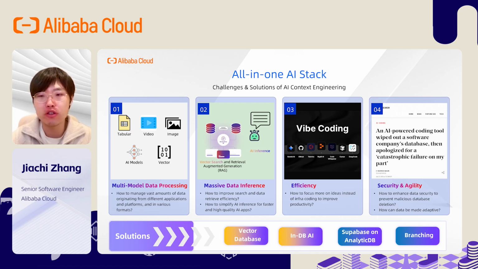It accelerates retrieval and simplifies application workflows. Third, we are providing database service and database branching capability. These capabilities are designed for vibe coding and let the development teams experiment and iterate without heavy infra coding.